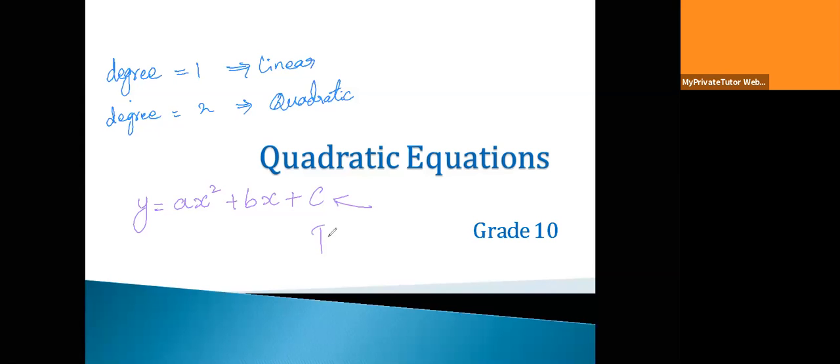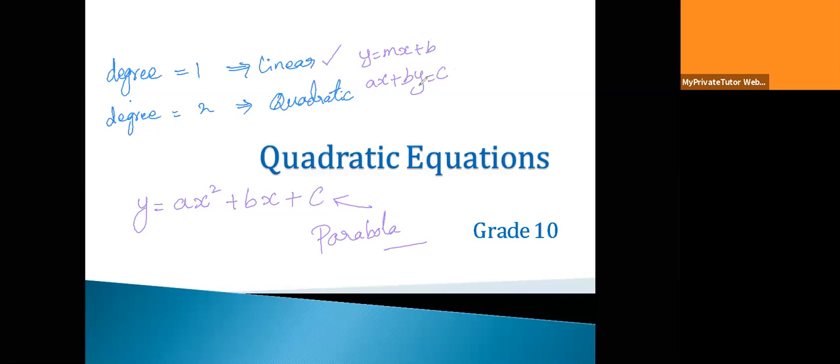Which is nothing but a parabola. Okay, we are not going towards the parabola though. So this is a parabola equation. As you guys know, a linear equation is nothing but y equals mx plus c, or mx plus b, or else ax plus by equals c. You guys know that linear, isn't it?